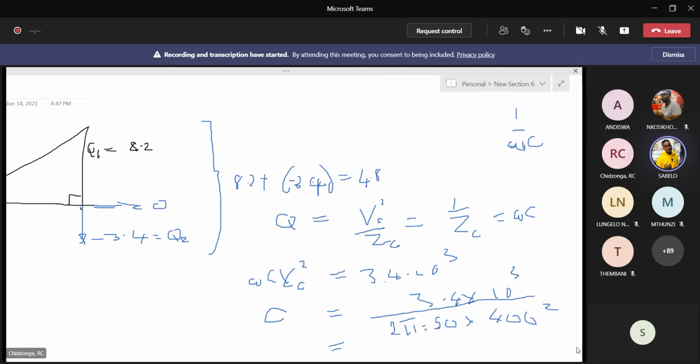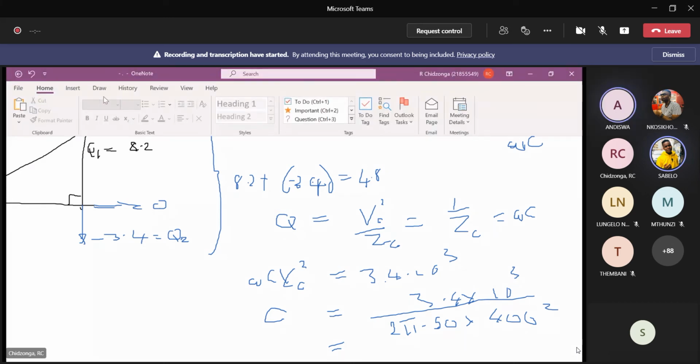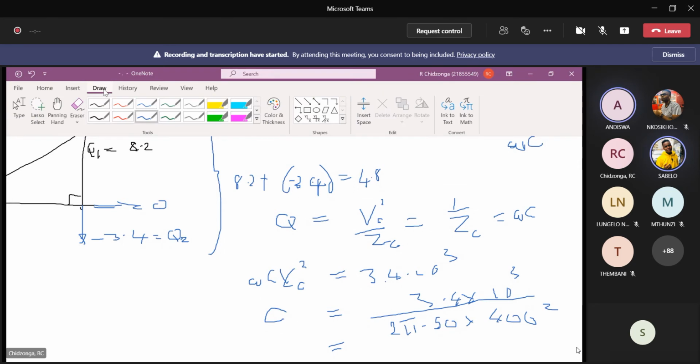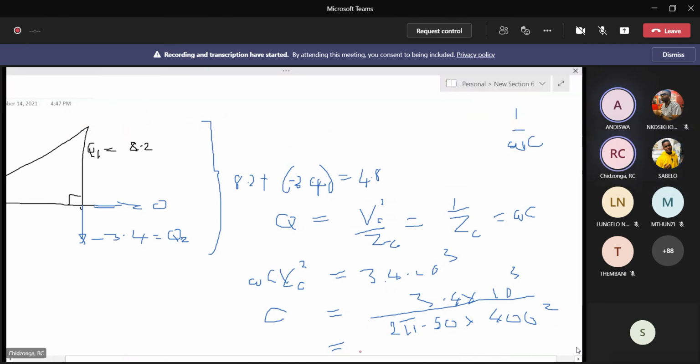Yeah, the answer number 5. What's the answer? It is 0.68 microfarads.